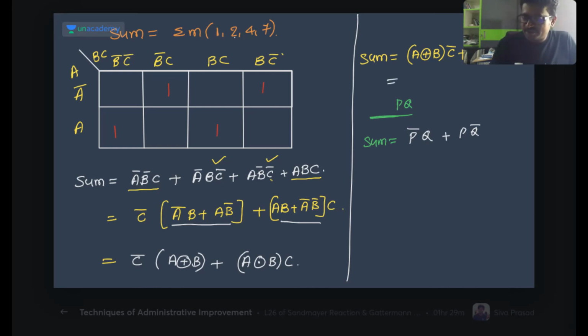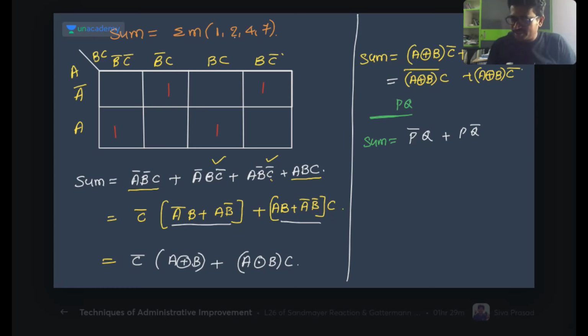Now here this equation is (A XOR B) bar into C plus A XOR B into C bar, isn't it?